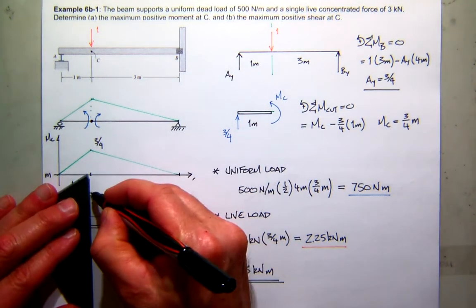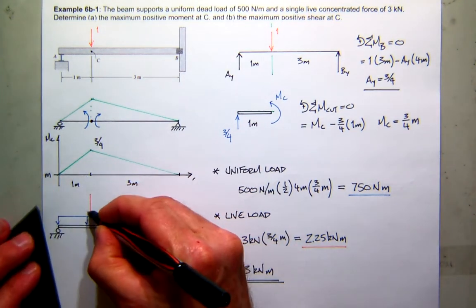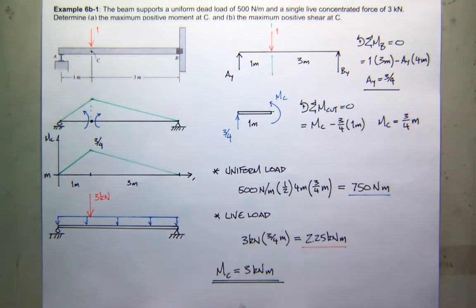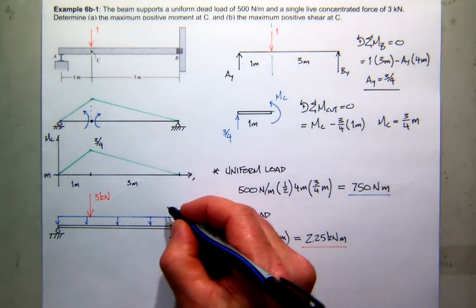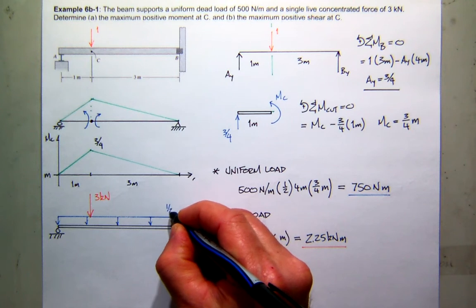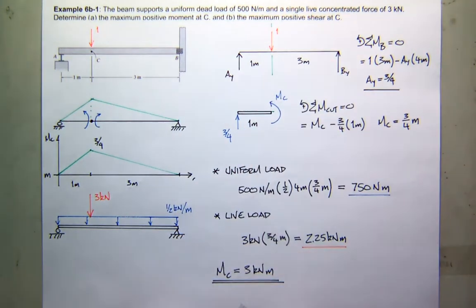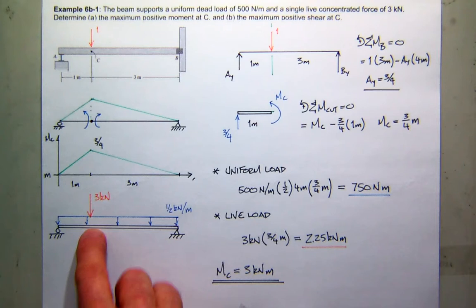It'll be right here at C. So this would be my 3 kilonewton force. And I forgot to write here, this will be 1/2 a kilonewton meter, because it's 5 newton meters. So that's the loading pattern that produces this maximum moment at C, right here. Okay? Any questions about that?